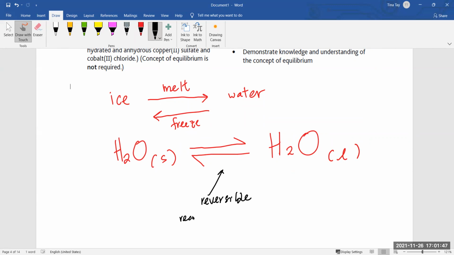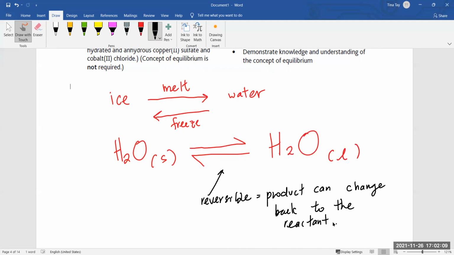Where the product can change back to the reactant.